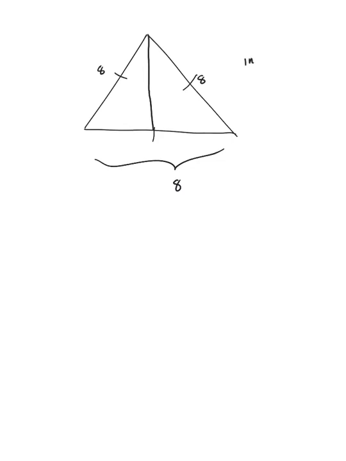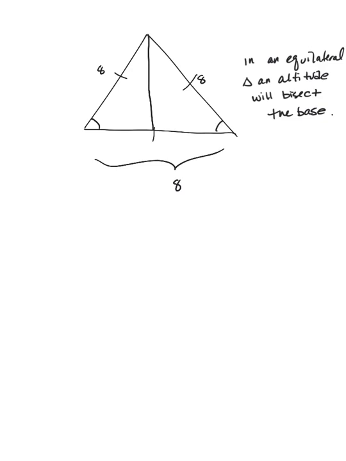Okay, so in an equilateral triangle, an altitude, doesn't matter which altitude you draw, will bisect the base. Okay, and you could prove this. I'm not going to prove it right now, but you could prove it because you already know, for instance, that these angles are equal, right?